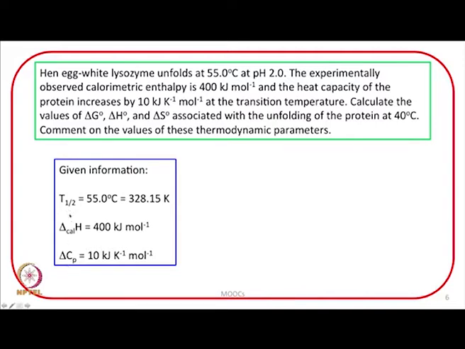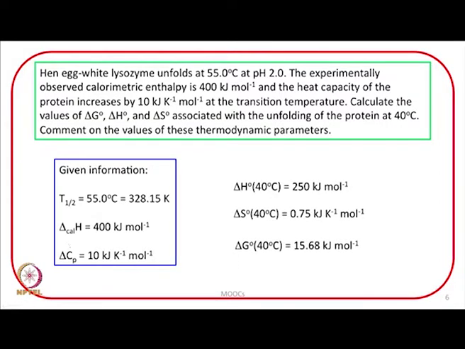When you substitute this data in those three derived equations, we get the enthalpy of unfolding at 40 degrees centigrade as 250 kilojoules per mole, the entropy of unfolding at 40 degrees centigrade as 0.75 kilojoules per Kelvin per mole, and delta G naught at 40 degrees centigrade as plus 15.68 kilojoules per mole.